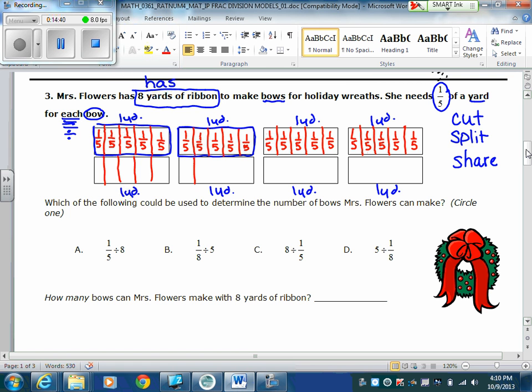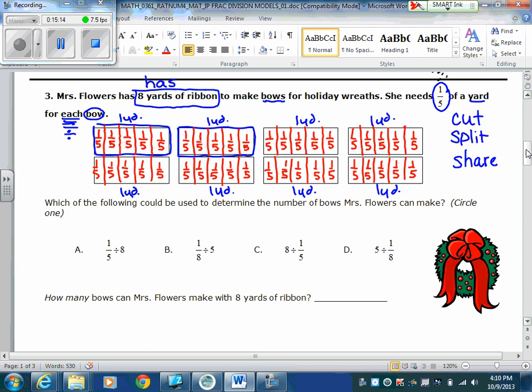Okay, so each of these would be labeled 1/5 because they're in 1/5 sections. And all of these show bows that she can make. The whole thing should be labeled with fifths. And done. Okay.